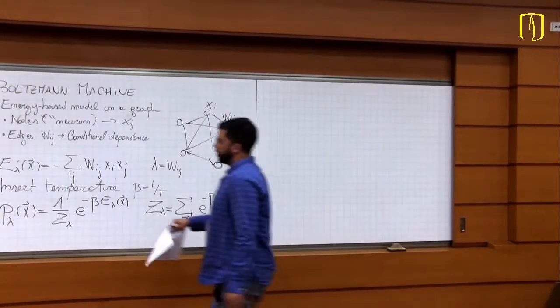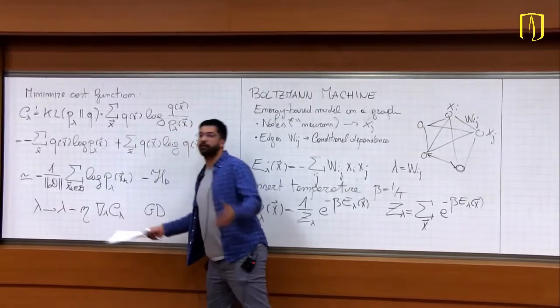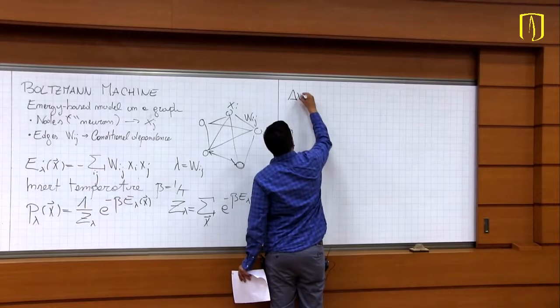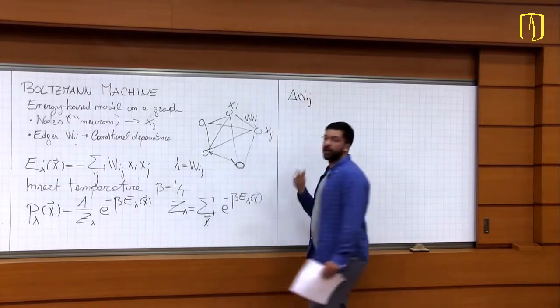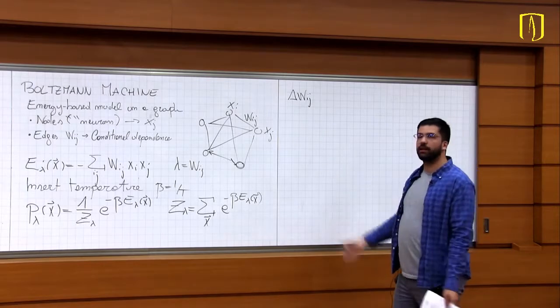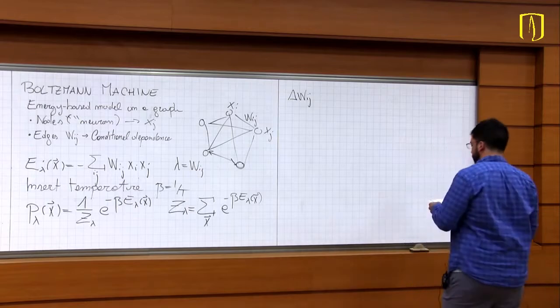The way that we change the parameters is according to the negative gradient. I'm asking what change in the interaction we have to make to increase the likelihood, or decrease the negative likelihood, of the model.